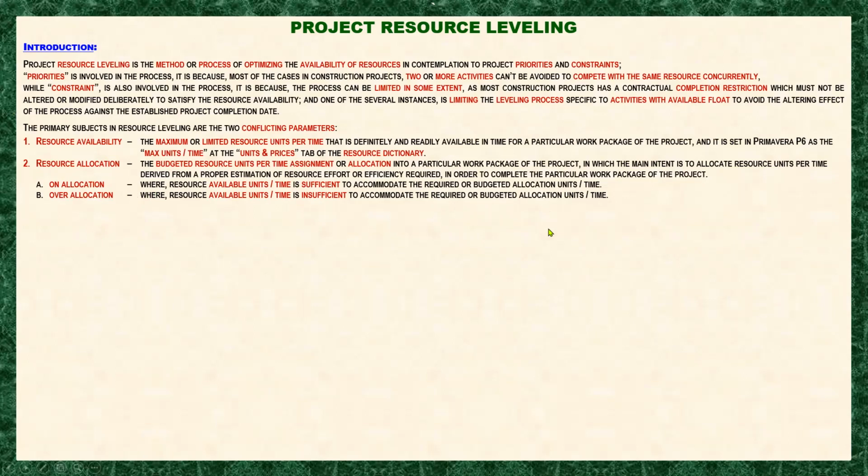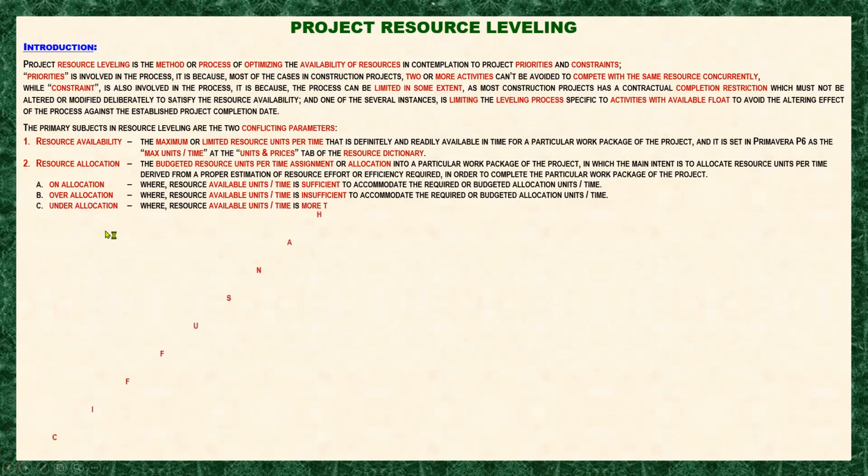So that means your estimate is bigger compared to the available by 5 units. So that is called over allocation, meaning your allocation or budgeted units is higher compared to the available one.